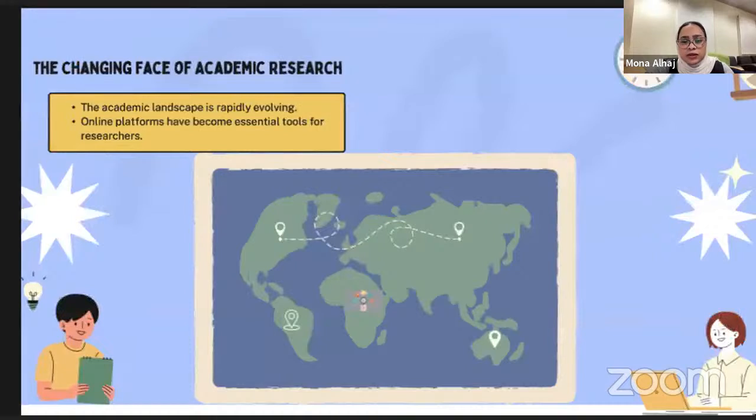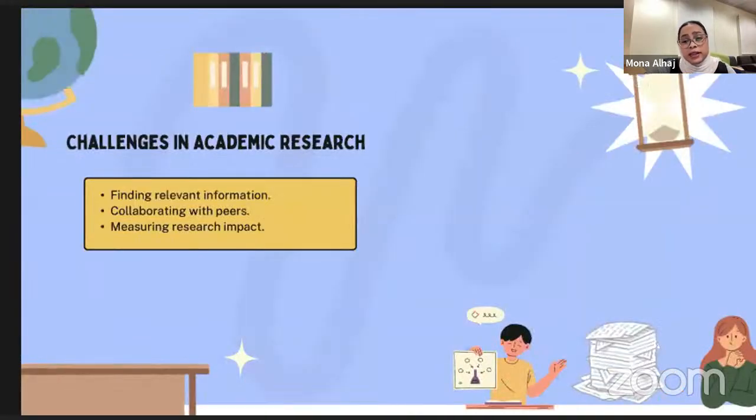In recent years, we have seen a dramatic shift in how research is conducted and shared. Online platforms have become indispensable for staying updated, collaborating, and disseminating findings. Despite the wealth of information available, researchers often struggle to find relevant studies.